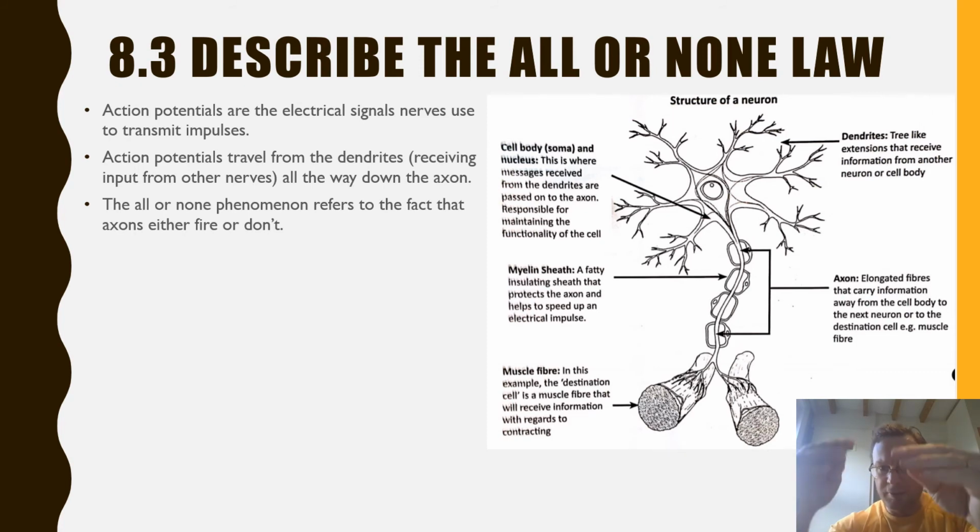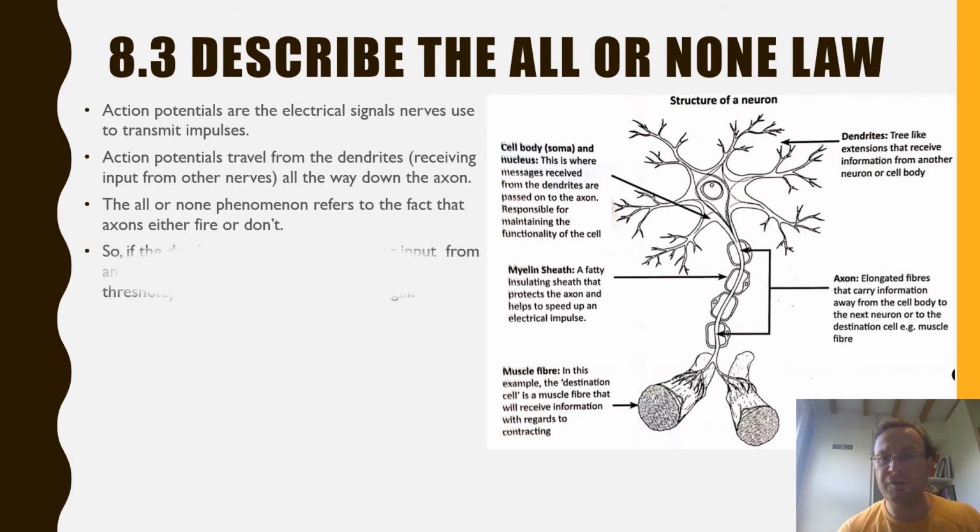They're saying, boom, this has got to happen. Enough input arrives at those dendrites to cross the threshold. So now an impulse will travel all the way down that neuron, as far as the muscle fiber. It will cause those fibers to contract.